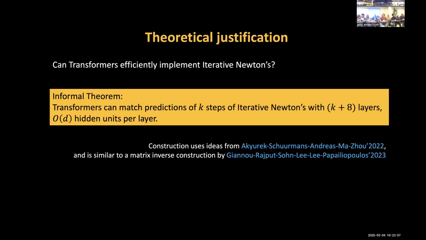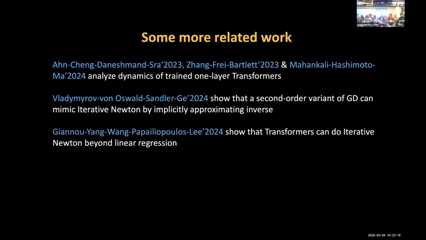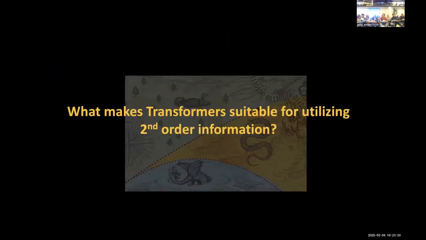For the architecture, the first few layers are not getting smaller error; they're just setting up some covariances and things like that. There's also some other work that shows some gradient descent convergence.